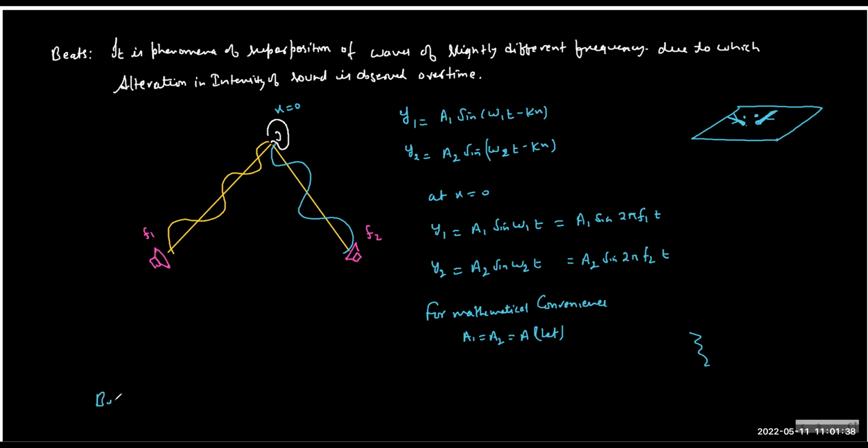So we define something called beat interval, and we say that it is the duration between two consecutive maxima or minima.